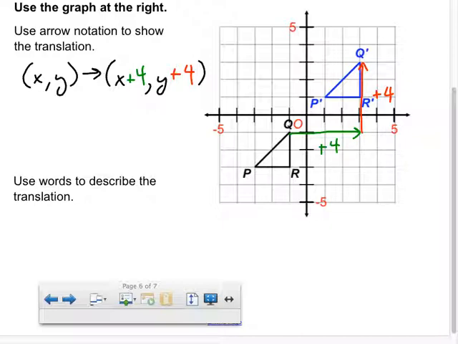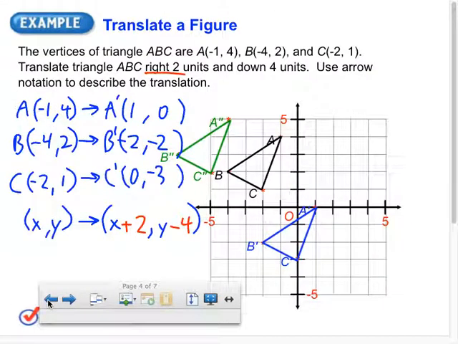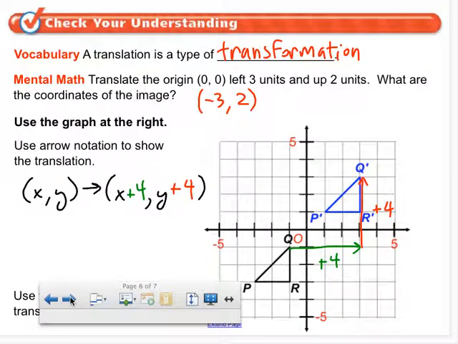Think about our examples earlier. If you look at this one back here, see how they're using the words here? Triangle ABC, right 2 units and down 4 units. So that's using your words. Can you use your words to describe this translation?